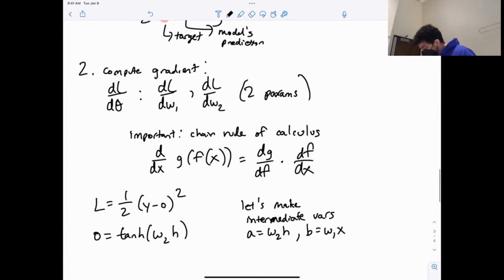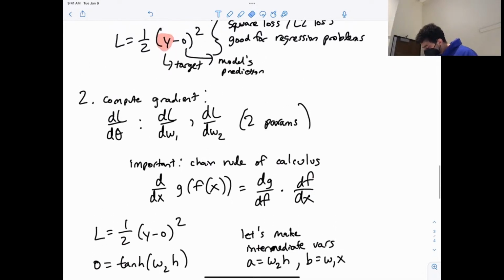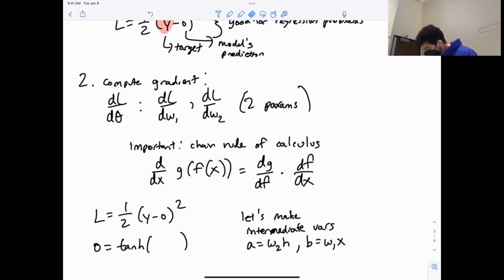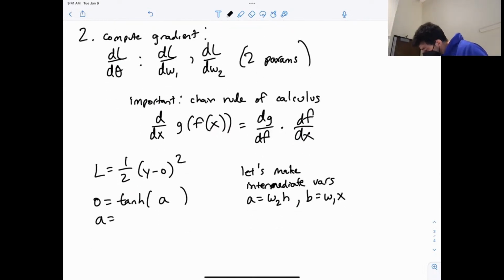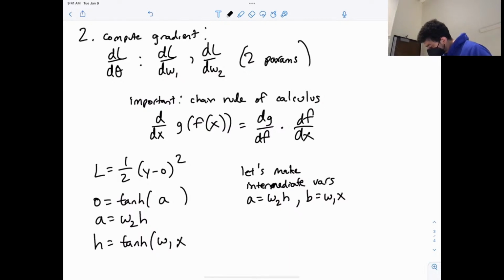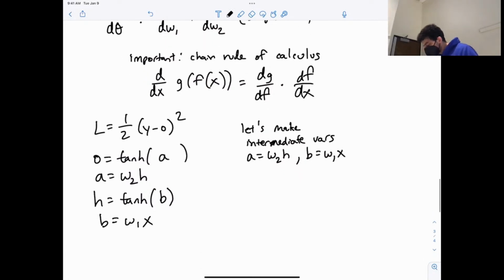So now we can rewrite this equation as tanh of A. Now A equals W2H, H equals tanh of W1X, which is what we called B. So I'm going to erase this and put B, and then B equals W1X.